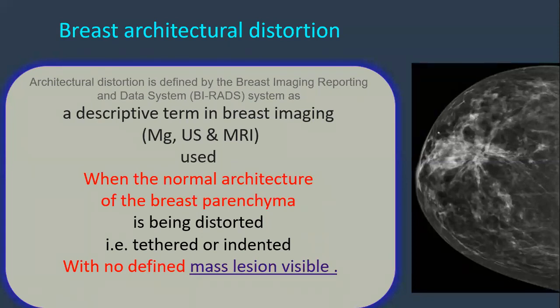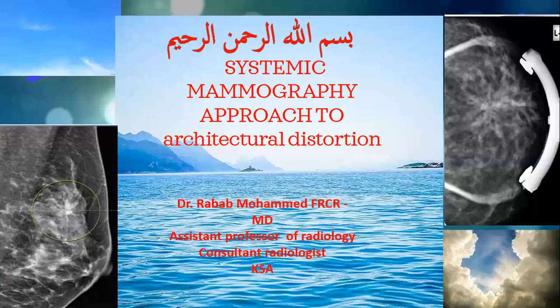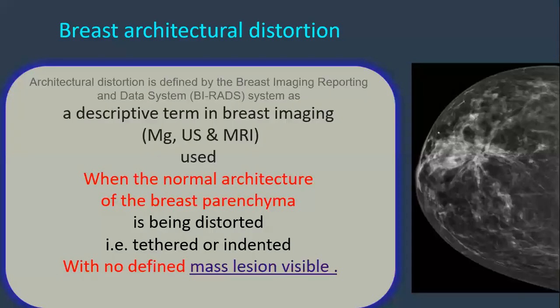Our topic for today is systemic mammographic approach to analyze the architectural distortions. So starting by the definition of the architectural distortion, it is defined by the imaging reporting and data system, or the ACR, as a descriptive term in breast imaging, all imaging, mammography, ultrasound, and MRI, when the normal architecture of the breast parenchyma is being distorted.